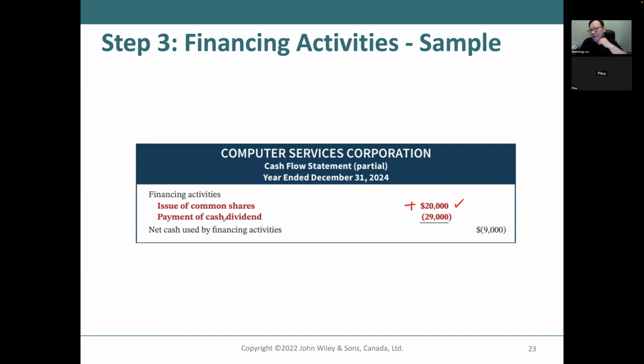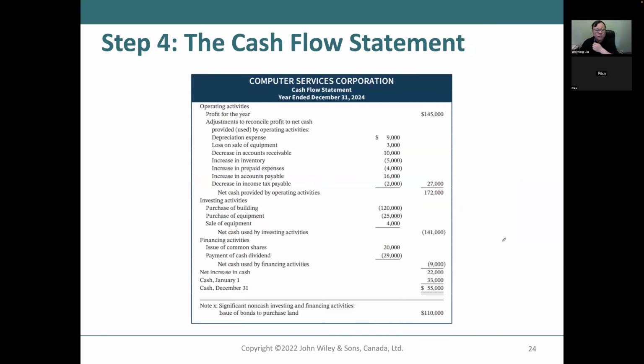Payment of cash dividend: if you give your shareholders dividends, you have to use your money, so that's a minus. Together, it's a minus $9,000 cash.